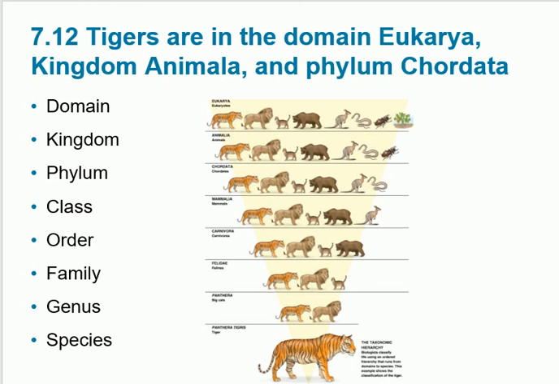Those two parts together are the genus and the species. Like this is called Panthera tigris. What's Panthera? Is it the genus or the species? This is the genus and the tiger is the species. Okay?